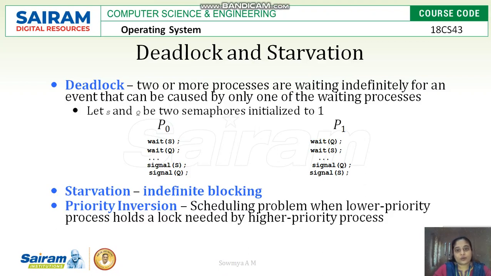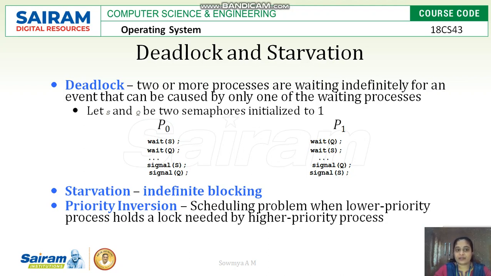Deadlock is when two or more processes are waiting infinitely for an event that can be caused only by one of the waiting processes, but that process never finishes the activity. That condition is deadlock. Take an example of processes P1 and P2 which are waiting for process P3, but P3 never completes its execution. P1 and P2 go into a deadlock stage because they never get execution.